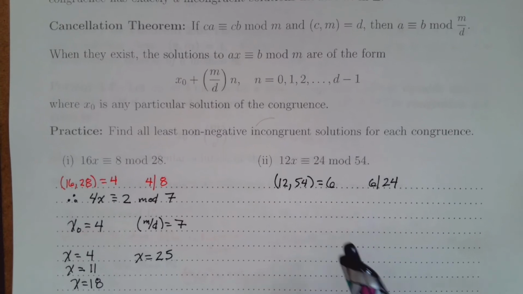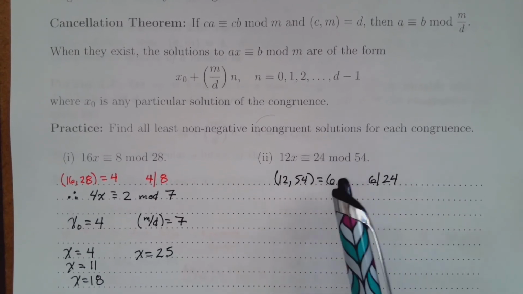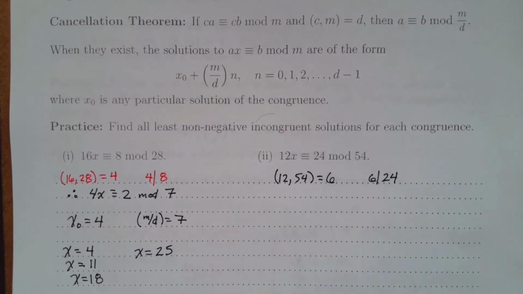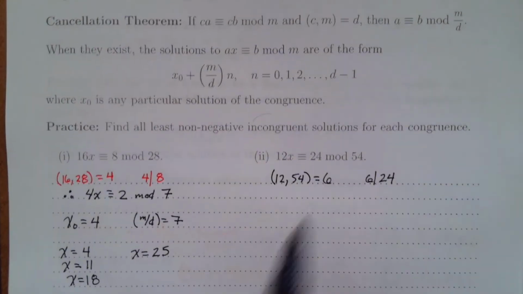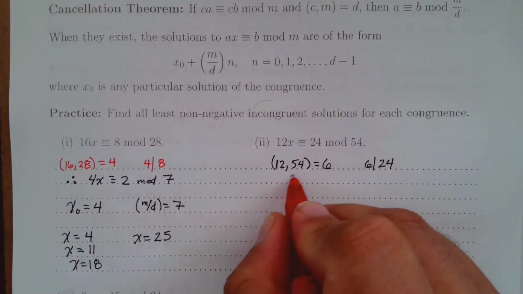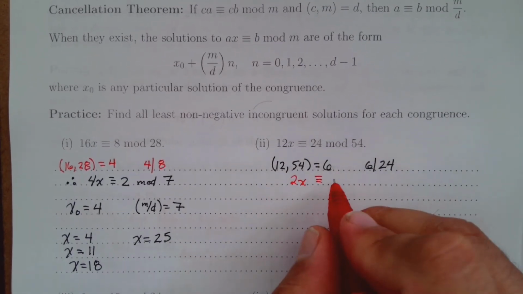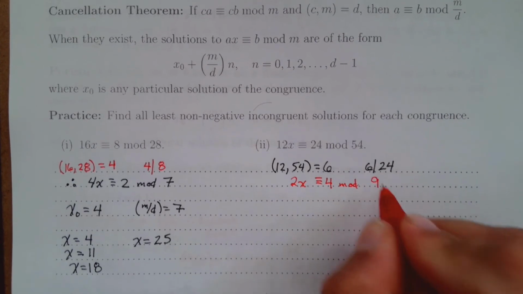Does 6 divide 24? Yes. Does 6 divide 54? Yes. Does 6 divide 12? Yes. So I'm going to simplify this down using my cancellation theorem, and that gives me 2x is equivalent to 4 mod 9.